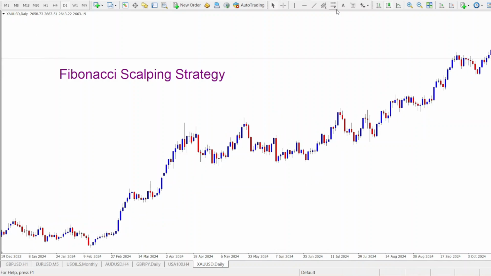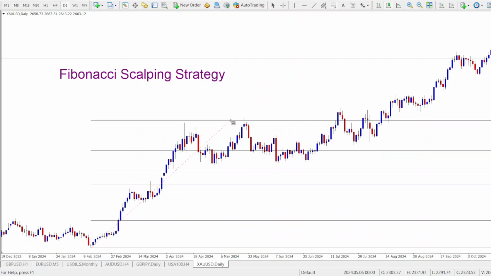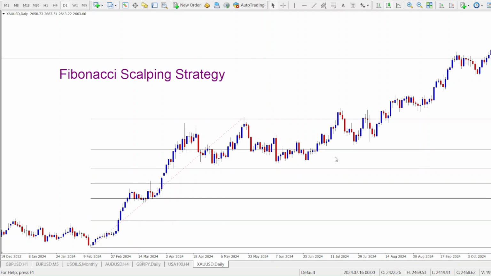First, let's talk about what Fibonacci scalping is and why it is effective. Fibonacci levels, as we can see, these are Fibonacci levels. Fibonacci levels are based on a sequence of numbers identified by the mathematician Leonardo Fibonacci, and these numbers appear all around us, even in nature.